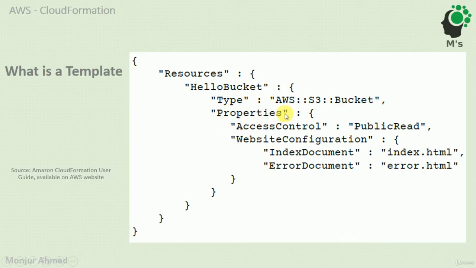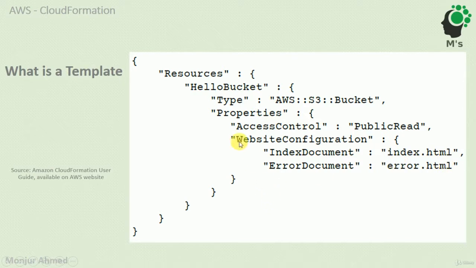So here you see properties: access control is public read, and website configuration. What is the configuration? The index document by default should be this page. If you're into website development, you know that. And if there is any error, it will display this page.